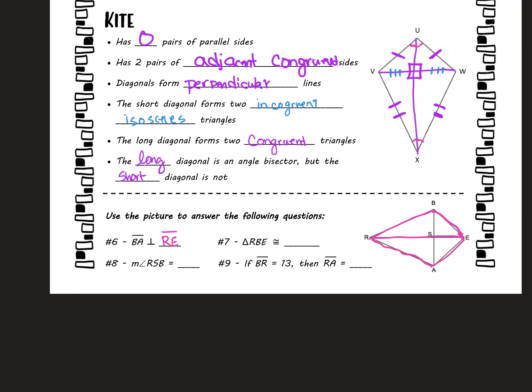R to A to E. Measure of angle RSB. RSB equals, well, that's in the middle. It's a 90-degree angle. And then if B to R, I'll use blue, if B to R is 13 degrees, how much is R to A? Well, those are congruent, so it's also 13.